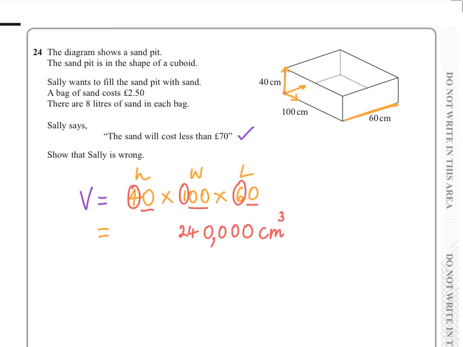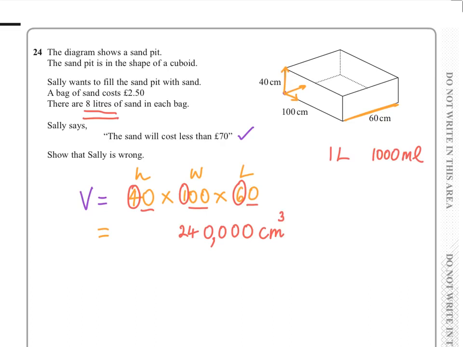Now, we know there is 8 litres of sand in each bag, and in this case it's rather strange to use the word litre of sand. I would have probably said 8,000 centimetre cubes or something, because sand to me is not like a liquid, but this is what the question says, so we'll work with it. 1 litre is 1,000 millilitres.